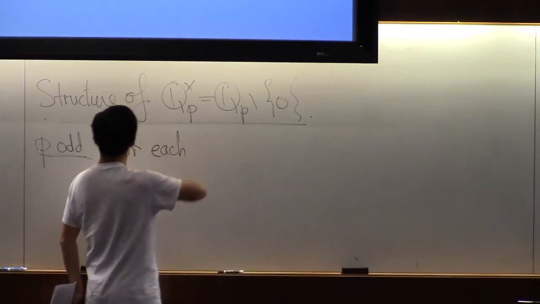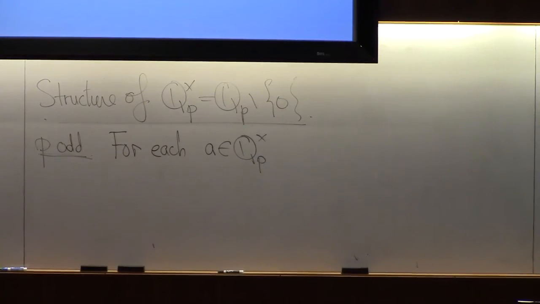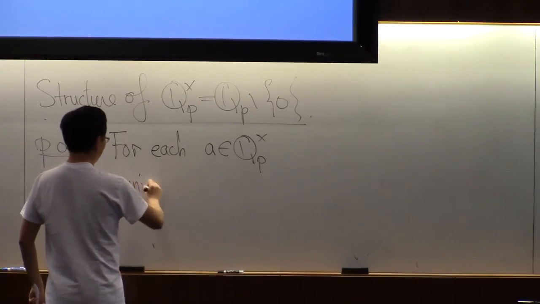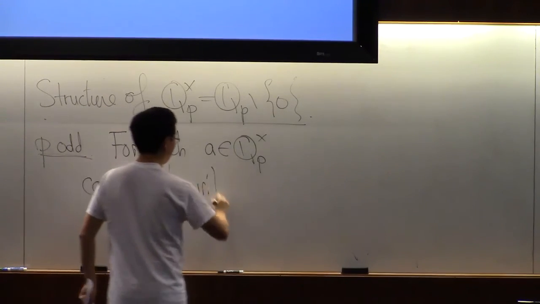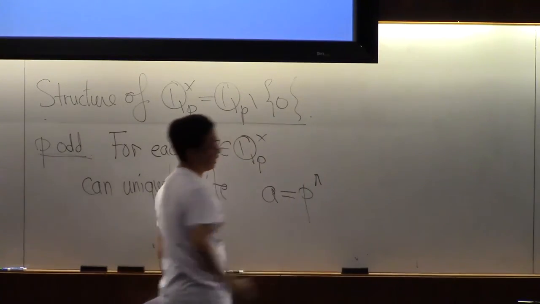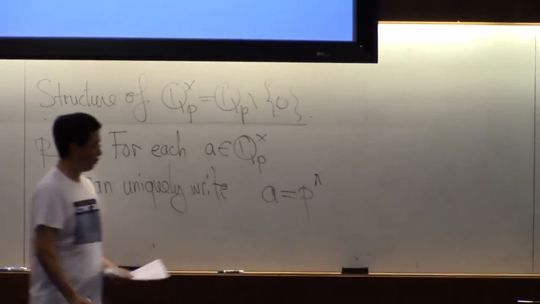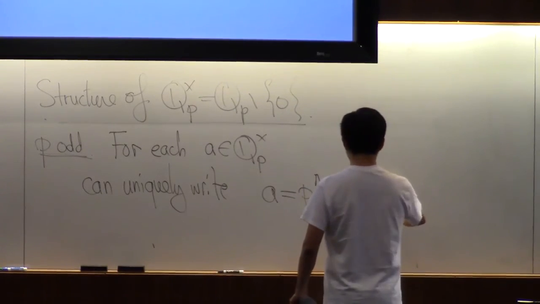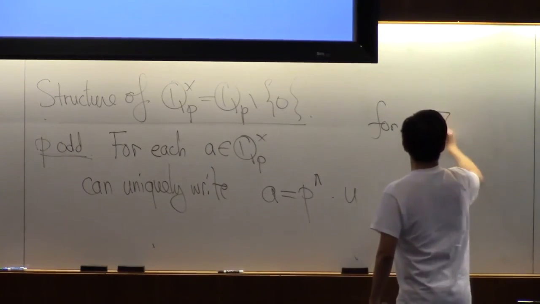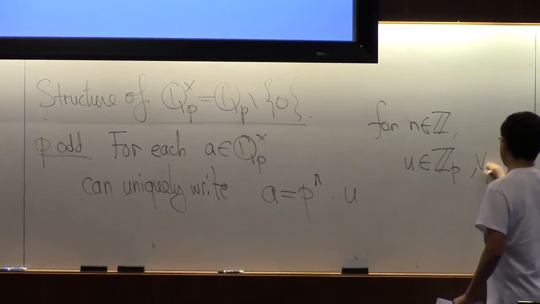Okay, so now let's do p odd. For each element that's not 0 in Q_p, I can always uniquely write this a as a power of p, which takes out the valuation of a, or how a is divisible by p, times another u, such that a = p^n times u, where n is an integer and u belongs to Z_p, and the p-adic valuation of u is 0.